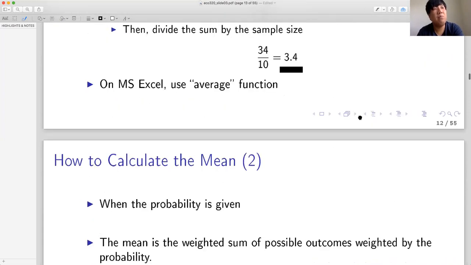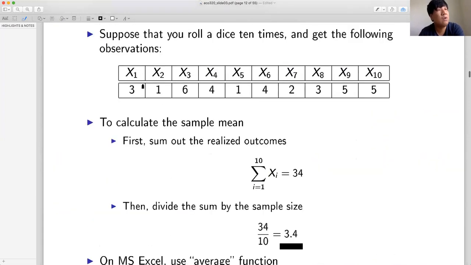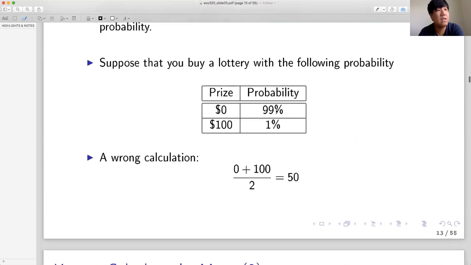So why weight matter? For example, this one, each sample represents just one observation. But for example, this kinds of probability, maybe there might be, if there were 100 samples, that means 99 out of 100 samples might get price equal 0, but only 1 out of 100 would get $100.